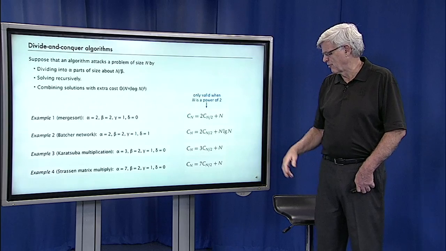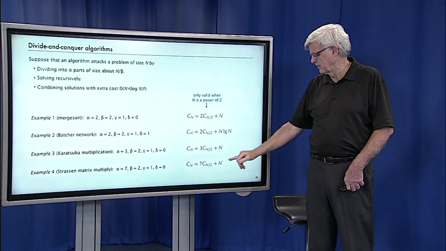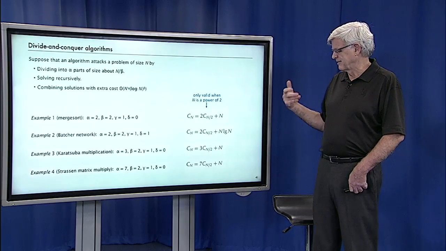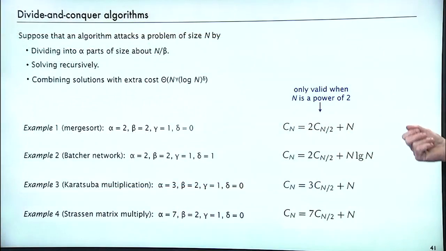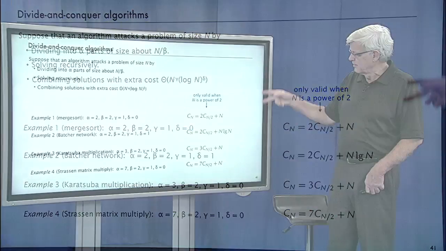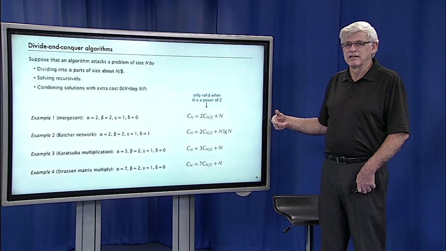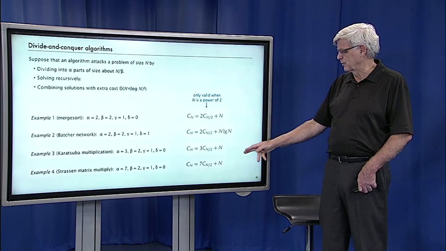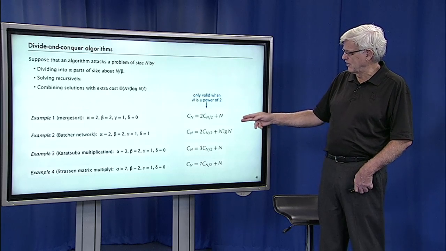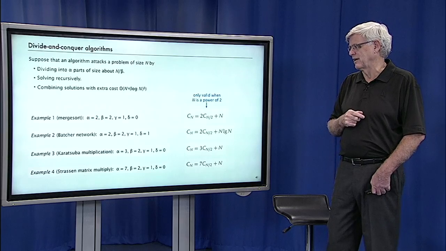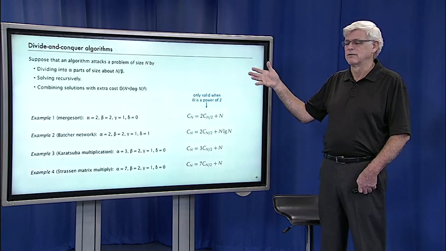But Strassen showed that you could solve it with a divide and conquer algorithm where you divide into 7 problems of size n over 2 and then get the final solution with extra n. So there's an algorithm that did matrix multiplication in a number of operations described by this recurrence. So these are 3 examples of divide and conquer algorithms that all have the same general character.